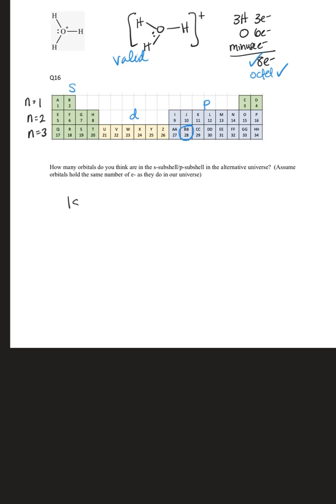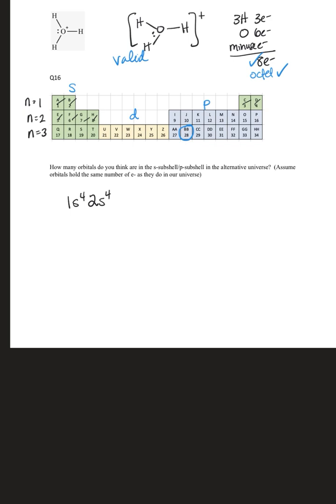So we would do 1s4 to cover 1, 2, 3, 4 positions in the periodic table. Then we'd have to go down to the n equals 2 shell, and we would start here with the S's. Again, there would be 4. 1, 2, 3, 4, that's what we're accounting for, 2s4.